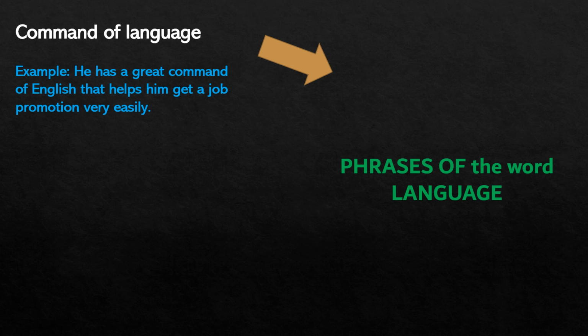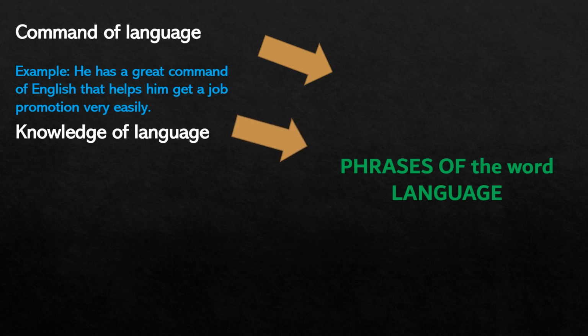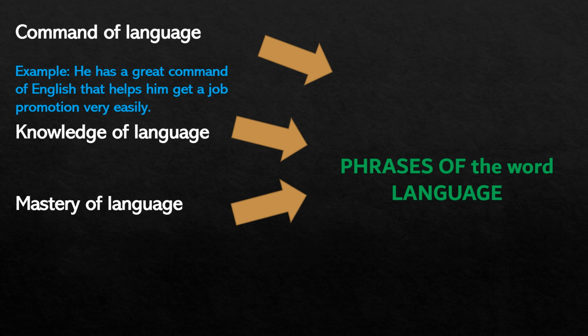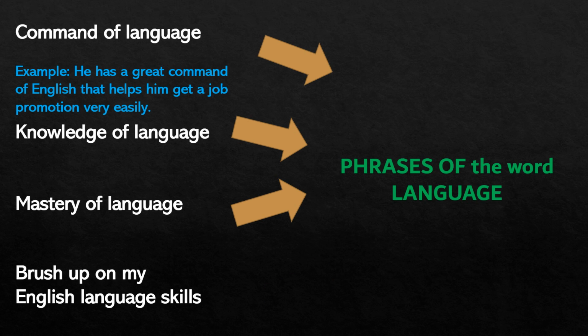Also, I have the expressions knowledge of language and mastery of language. That is from the word master, meaning being able to speak a particular language excellently. The last one is brush up on my English language skills, which simply means to review my English language skills, which are somehow partly forgotten.